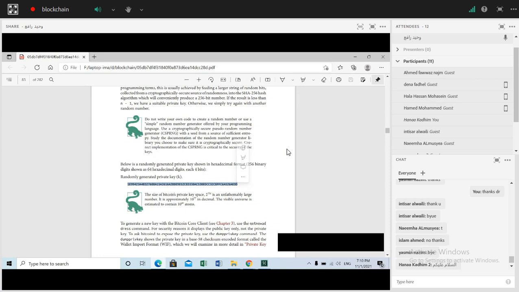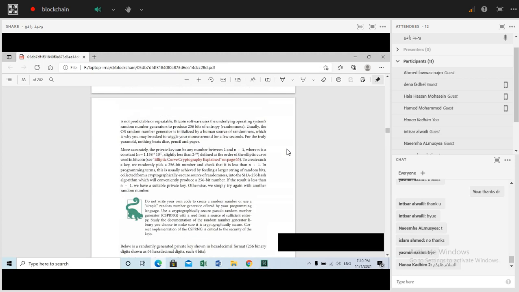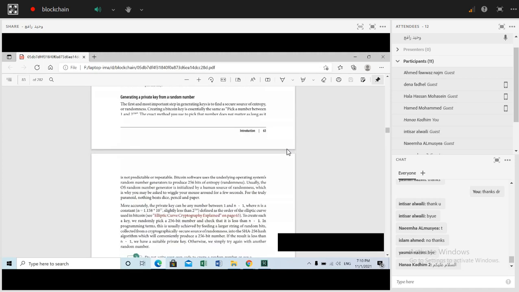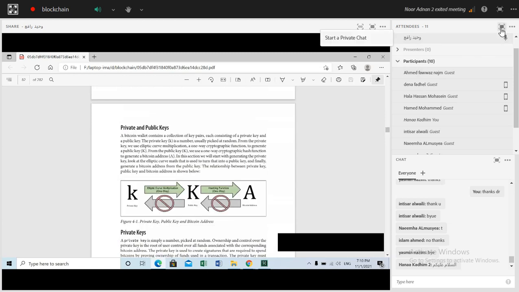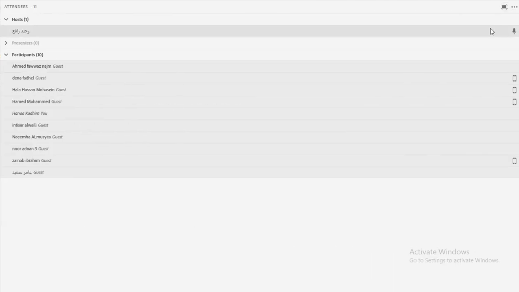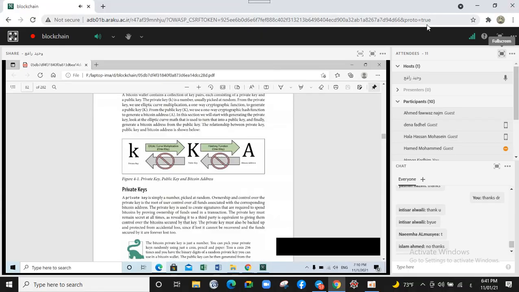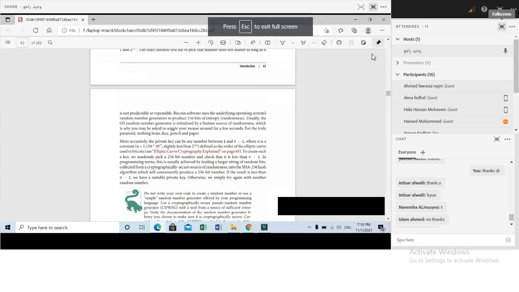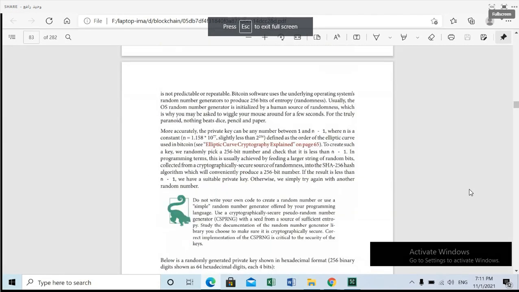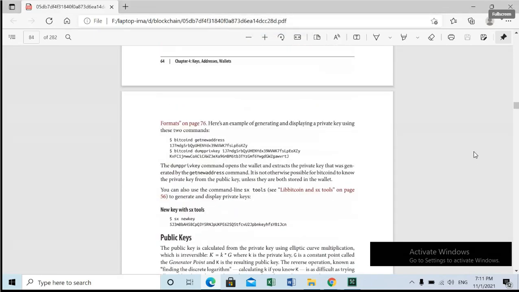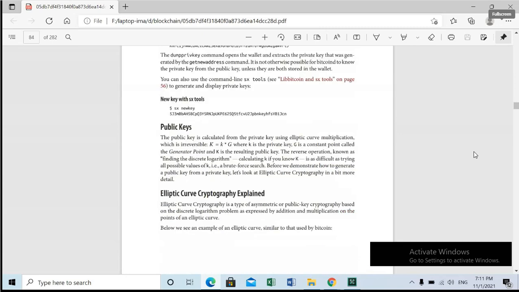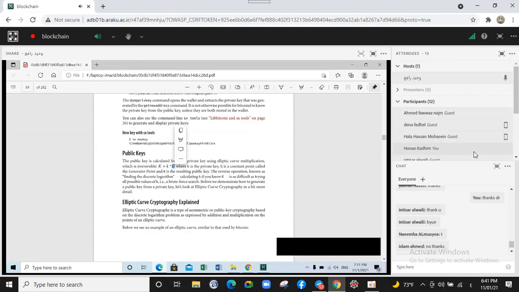Then we should calculate this equation. G is a fixed point.